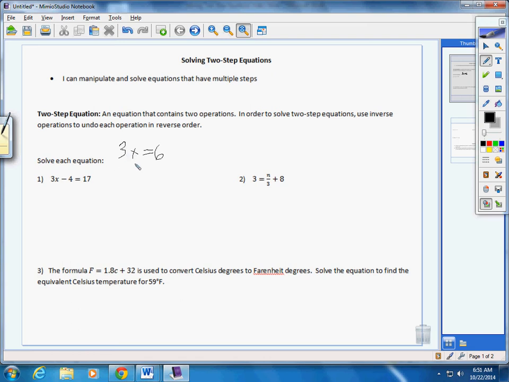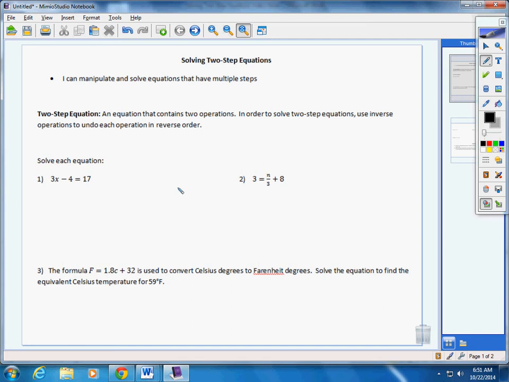Since 3 is multiplied by x, we did the inverse of multiplication and we divided by 3 on both sides. And we divided by 3. That is the inverse of multiplying. So we are left with x equals 2. Simple enough. Alright, so to our two-step equations, we're not changing anything other than we have to do an extra step.